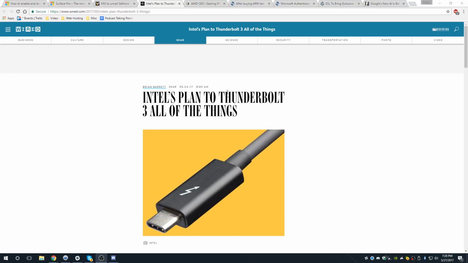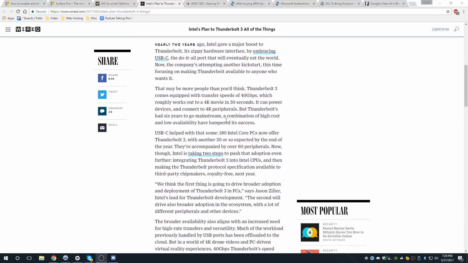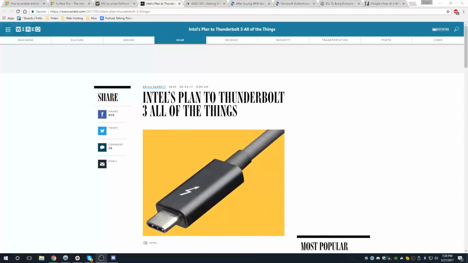So what that means is Intel is releasing Thunderbolt 3 to the masses. I'm not sure exactly on the licensing because I'm not a lawyer, but this means potentially AMD could be using Thunderbolt on their chipsets, which is awesome. There's a lot of big things that make that awesome.